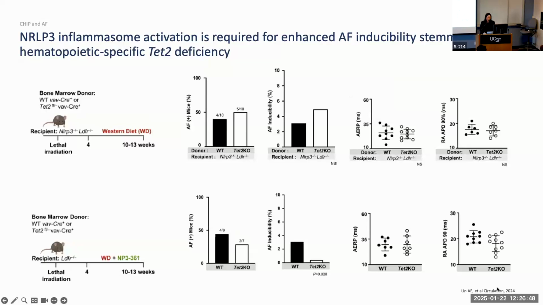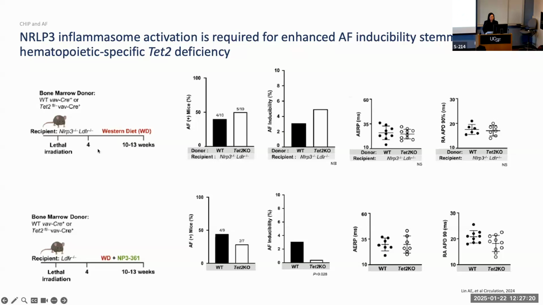I had mentioned previously that NLRP3 inflammasome activation has been linked to promoting electrical remodeling and atrial fibrillation, and this was done by the Lee group out of Texas. So we wanted to see if inflammasome activation played a role here in our mouse model of hematopoietic specific TET2 loss, and indeed it does. We used both a genetic ablation and a pharmacologic inhibition to showcase that.